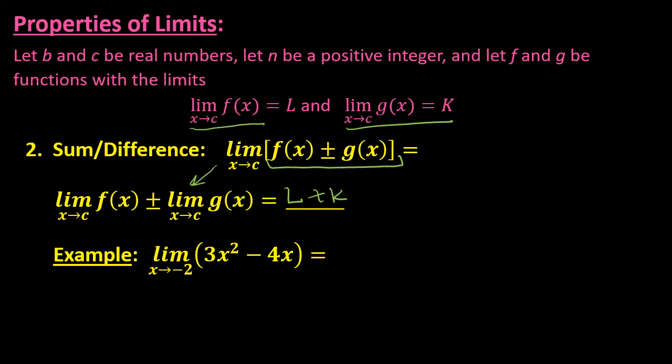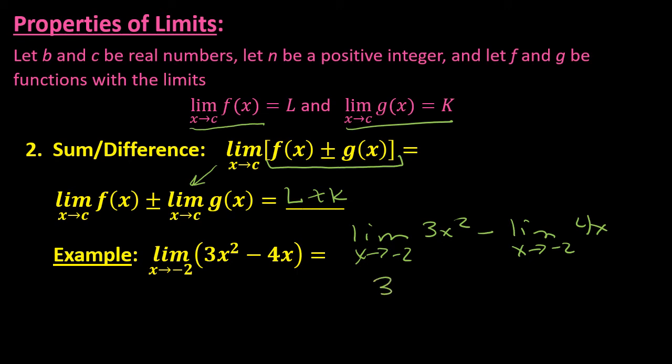How does this apply to a real problem? We have the limit as x approaches -2 of 3x squared minus 4x. So this is really the limit as x approaches -2 of 3x squared minus the limit as x approaches -2 of 4x. We could use our scalar multiplication property and move the scalar 3 and the scalar 4 out front. But at this point, you can really just do direct substitution.